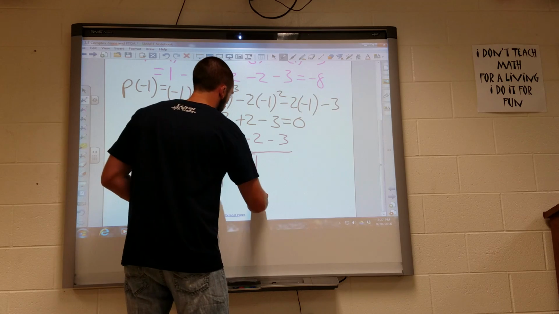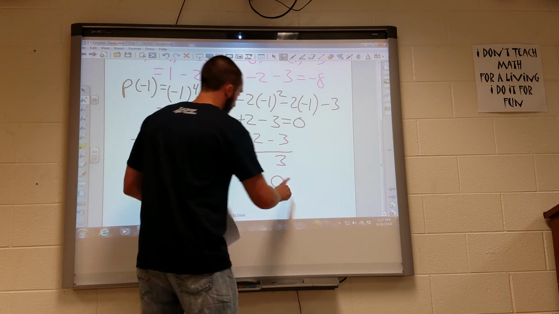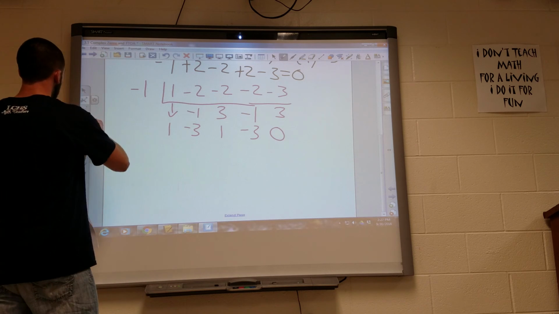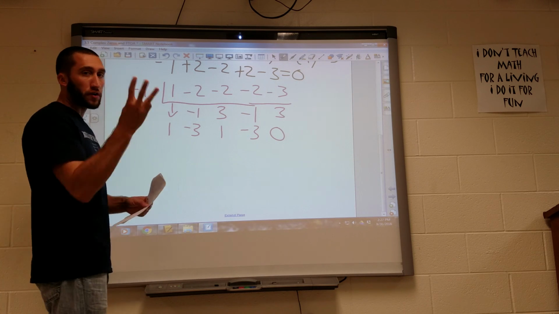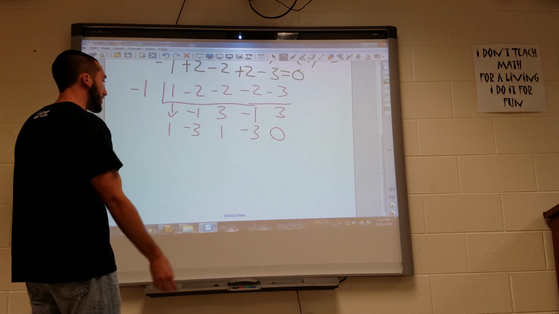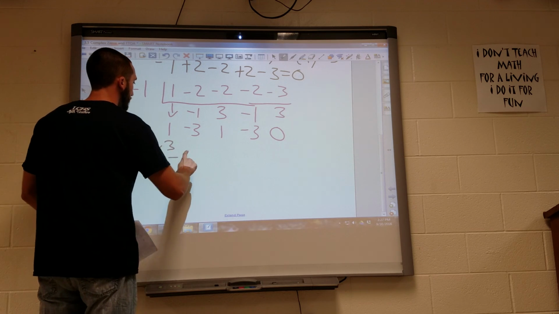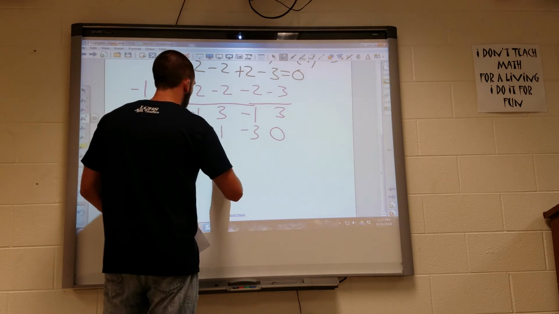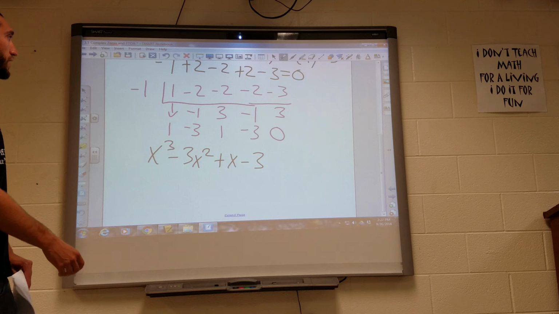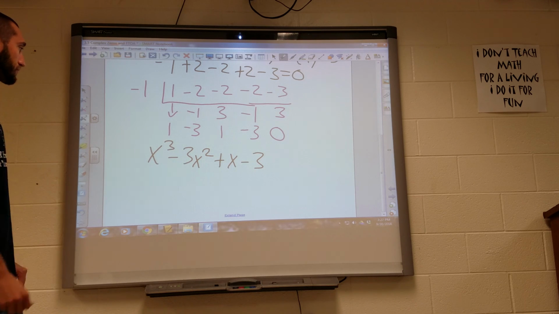Negative 1, negative 3, positive 3, 0. So after I do that, that leaves me with the third degree polynomial now, because I divided through by a factor, started with a fourth degree. So I'm left with x cubed minus 3x squared plus x minus 3, remainder 0. We proved negative 1 was a 0.